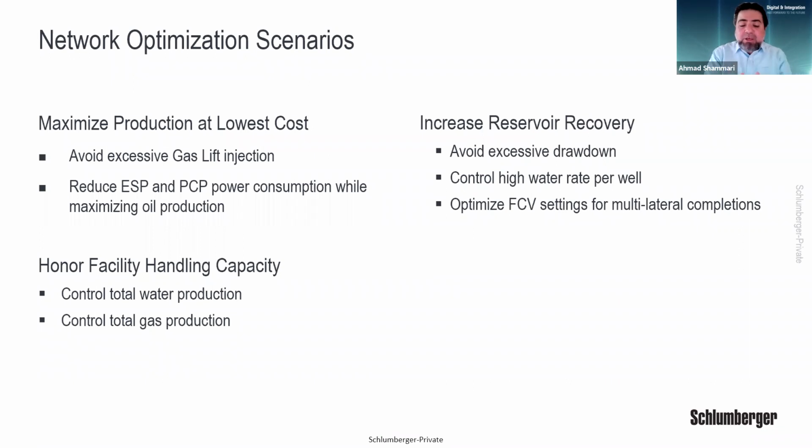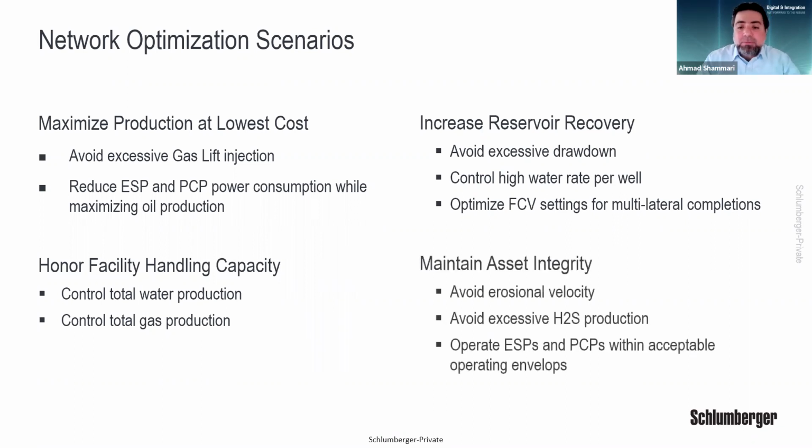For example, if I have 3 or 4 laterals in the same well, I need to know the best way to open the downhole control valves, okay? Finally, maintaining asset integrity. Many clients' main objective is to avoid erosion and excessive velocity, avoid excessive H2S production, and operate ESPs and PCPs within an acceptable operating envelope, okay?